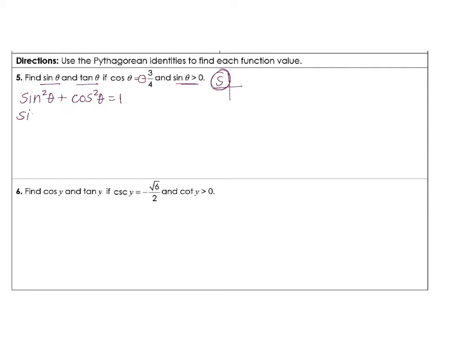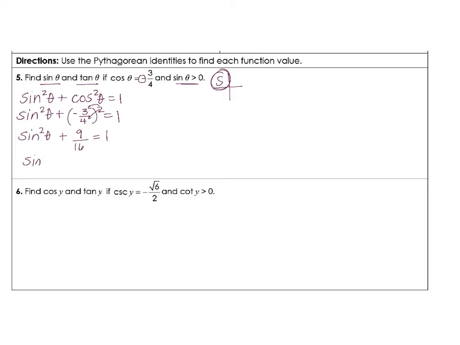And so we're looking for sine, so I'm going to keep sine squared. I'm going to substitute in negative 3/4 in place of cosine, and don't forget your squared. And so this is going to be sine squared theta plus, and if I square this, remember you square the numerator and the denominator, so that's going to be 9 over 16 equals 1.